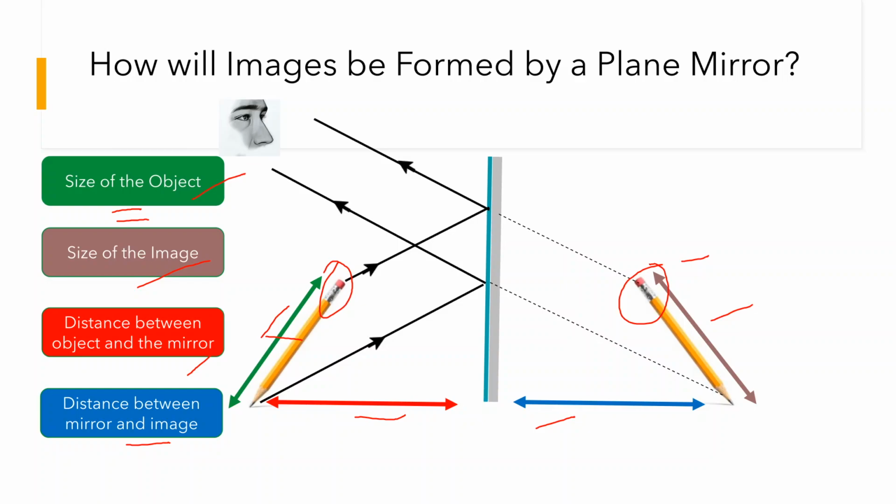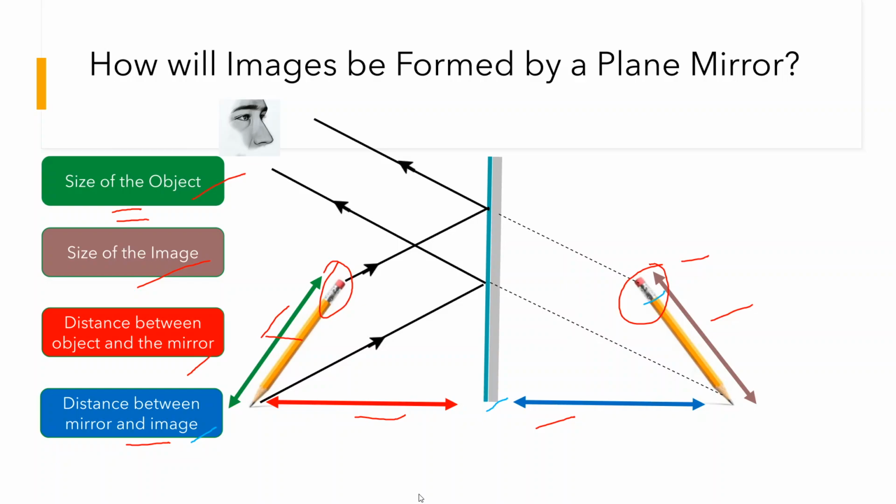The distance between the object and the mirror is called the object distance, and the distance between the image and the mirror is called the image distance.